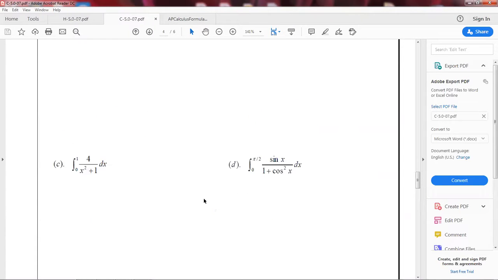Yeah, in this case. Oh, let me just do D, because looks like trigonometric functions give you trouble. Yep. So I have integral from 0 to pi over 2 of sine x over 1 plus cosine square x dx, right?